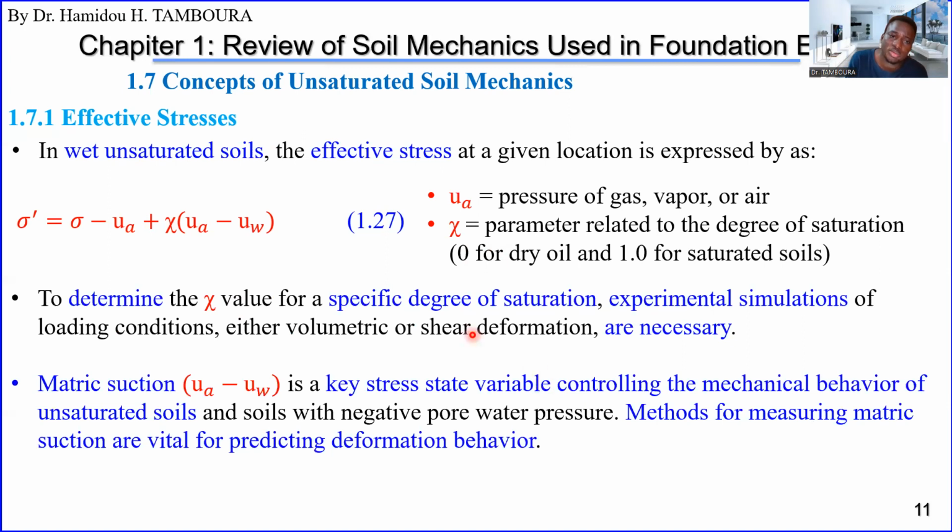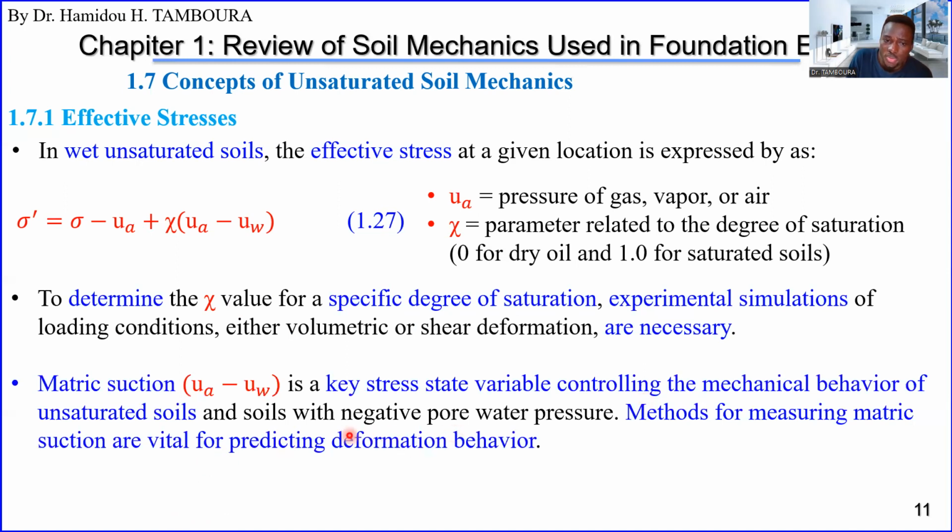And this one, the suction, do you remember the suction? We will call it matric suction, is the key stress state variable. This one is controlling the mechanical behavior of unsaturated soil. So it is a very, very important parameter.